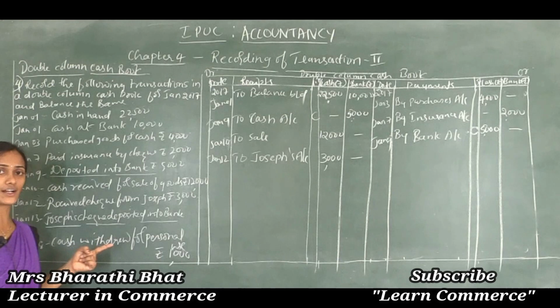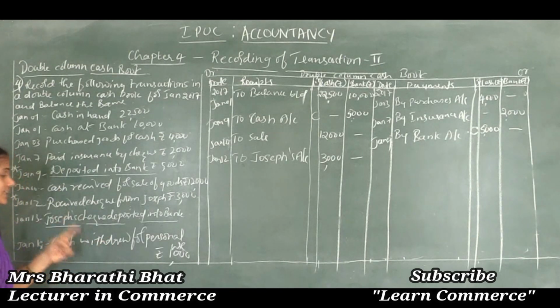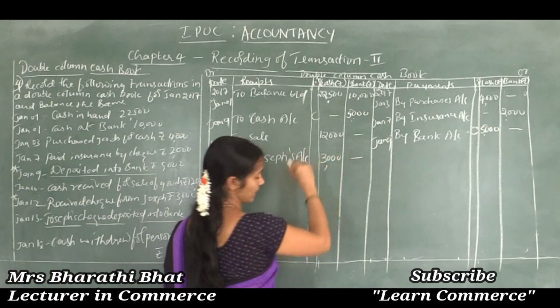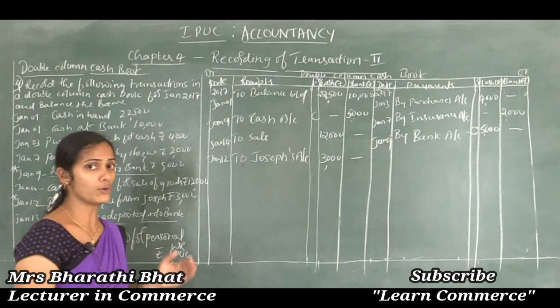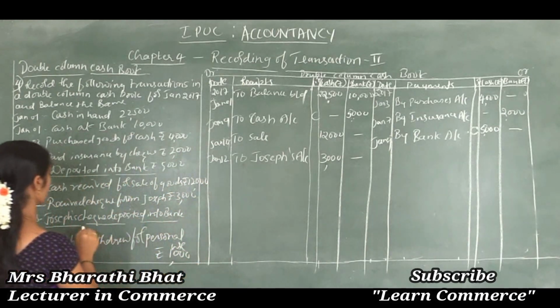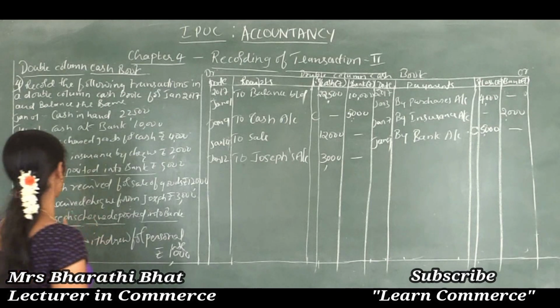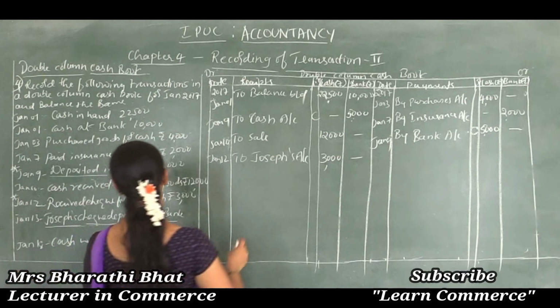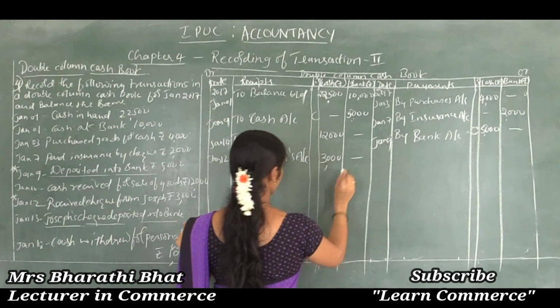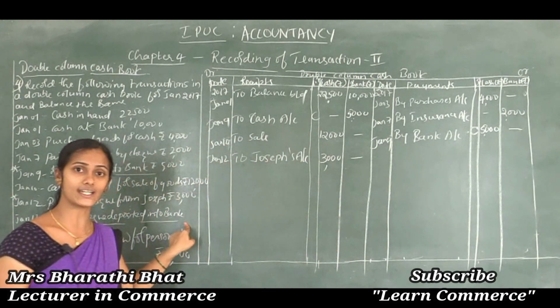So how can we record it? Is this a contra entry or not? This is a contra entry, because here we debited 3,000, correct? So now we need to cancel that cash amount. So this is a contra entry. We need to pass the entry for this check deposited, at the time when we deposit the check or when we deposit cash.